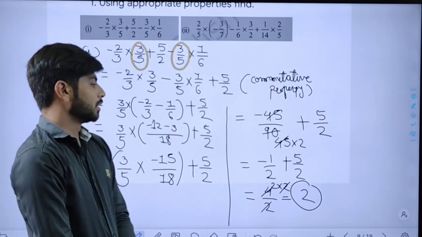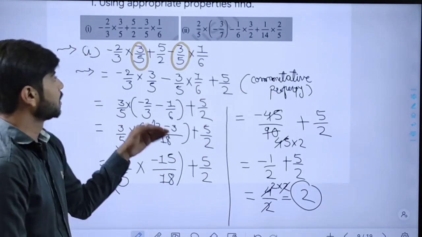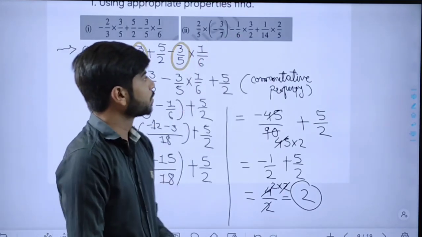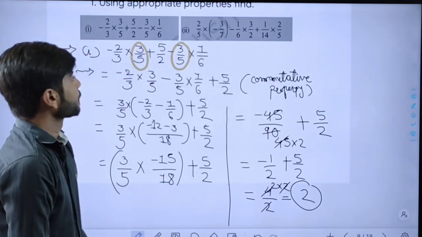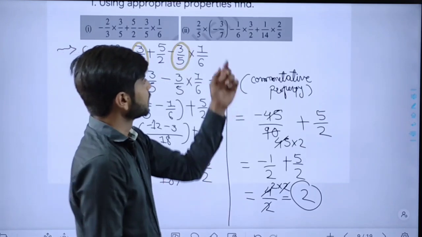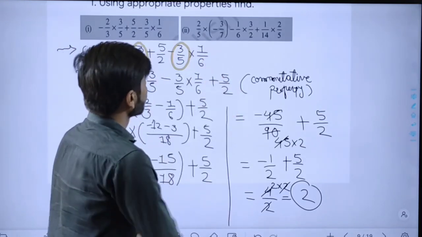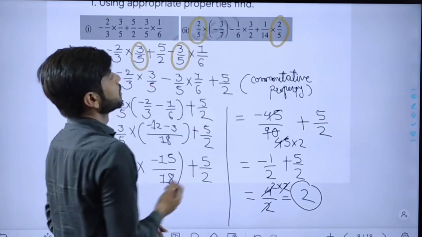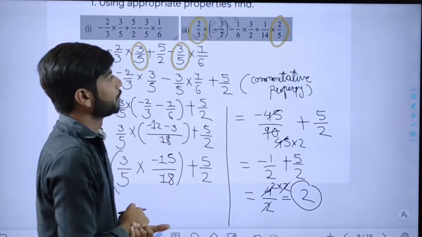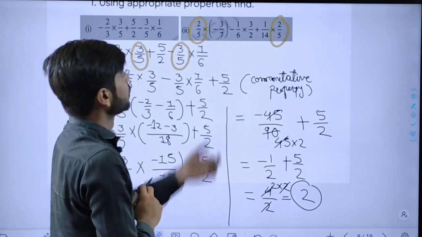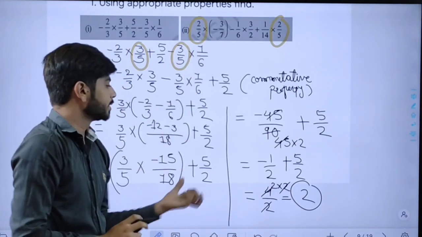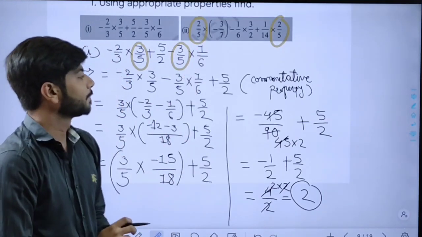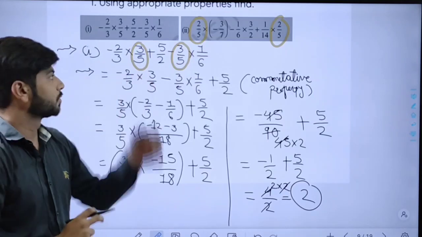Commutative property is used in this sum. Similarly, you have to use this property in the second sum. In second sum you can see 2 upon 5 is here and 2 upon 5 is also here. So you can use the commutative property and then you will do this process similarly. Okay, so this was the first question.